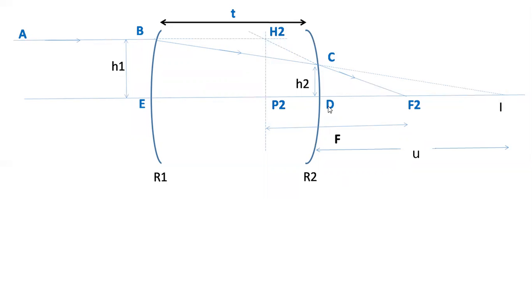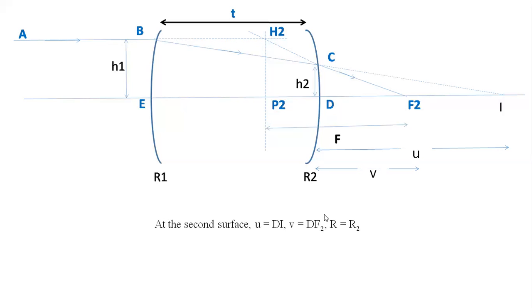Therefore, the object distance is dI, because this is not a real one, it's a virtual one. And F2 is the image formed by the second spherical surface, therefore dF2 is the image distance. Now write the refraction formula for the second spherical surface.